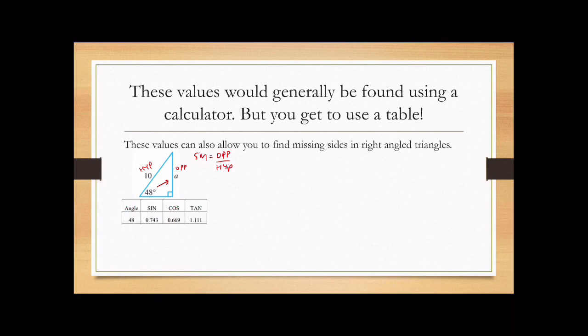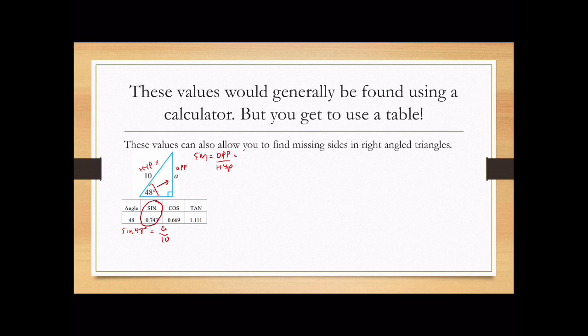If you looked at that table, you would have gone to 48 degrees and found sine is 0.743. Next, to find the missing side, we know that sine of 48 degrees is equal to the opposite side, which is A, over the hypotenuse, 10.